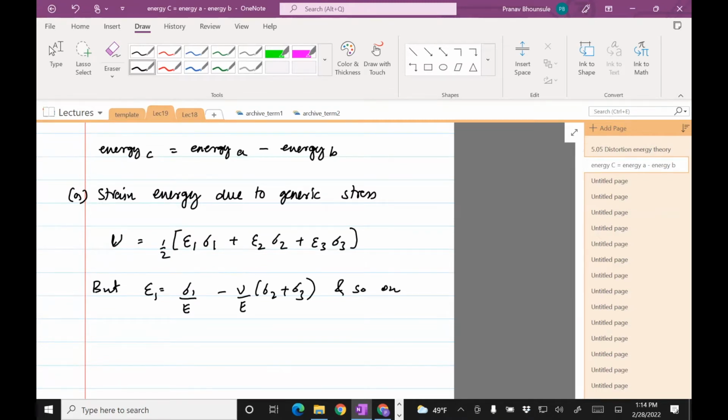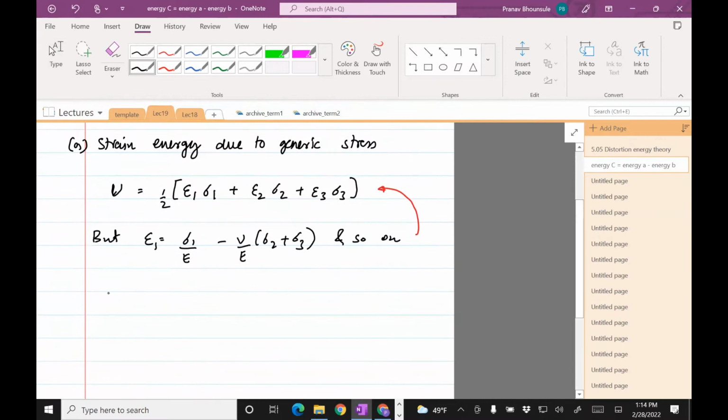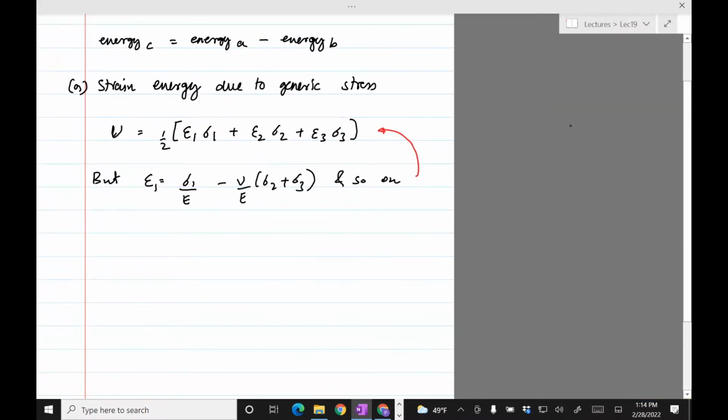What you need to do is substitute the second expression into the first one, and you get this expression: 1 divided by 2E, Poisson's ratio, sigma 1 sigma 2 plus sigma 2 sigma 3.